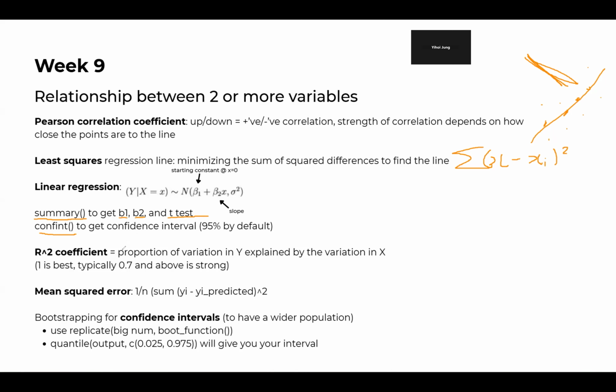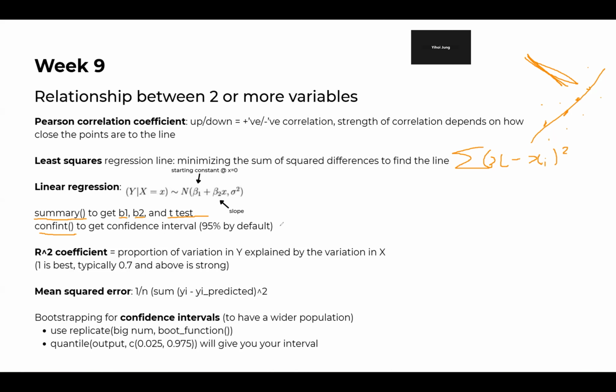A way you can calculate how accurate this regression line is, is through the r-squared coefficient. This is how much of y is explained by a variation in x. So if x goes up and down, how much of that explains how much changes in y. This goes from 0 to 1, and 1 is the best, but typically you'd see values between 0.5 and 0.7, and anything above 0.7 is usually pretty strong.